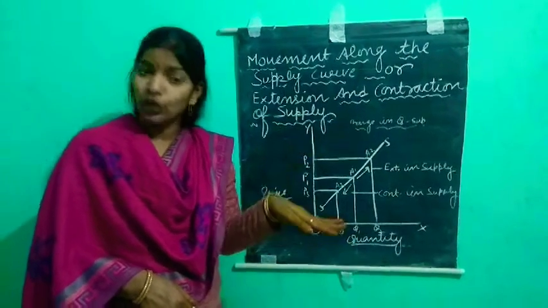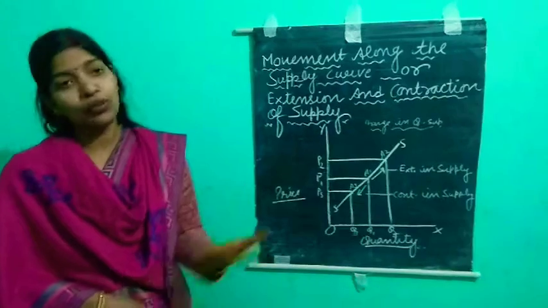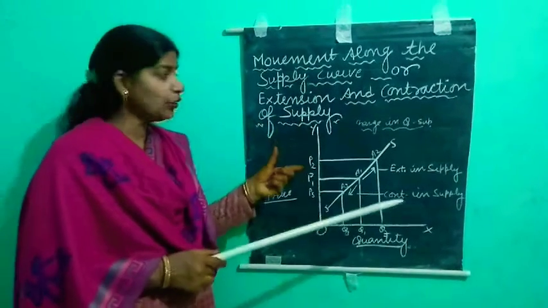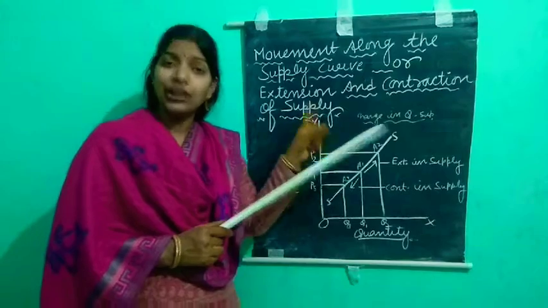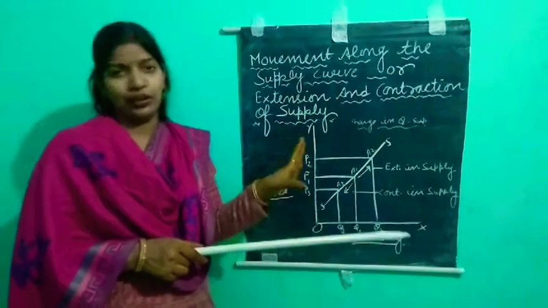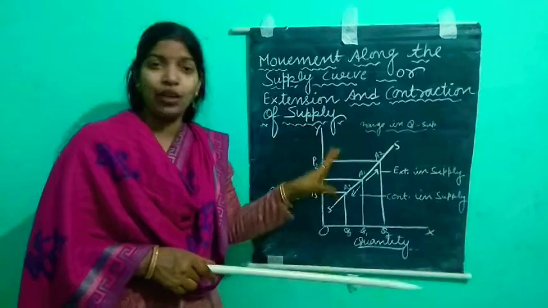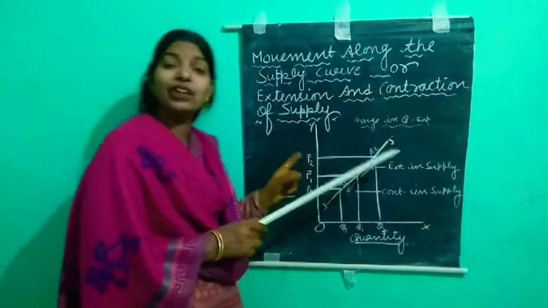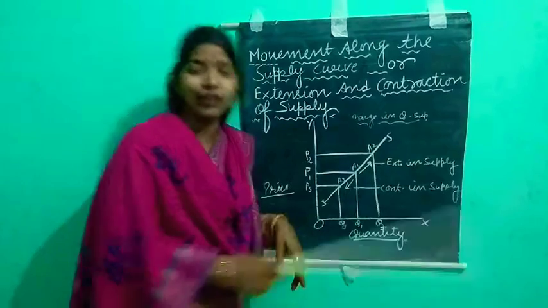If price is falling, quantity supplied will also fall. This is known as the law of supply. Here we shall see the changes in quantity supplied due to price only, other things remaining the same. Only due to price, it is known as change in quantity supplied.